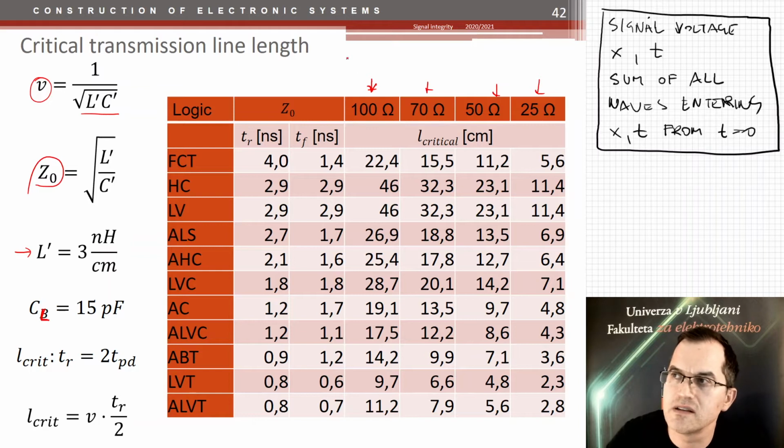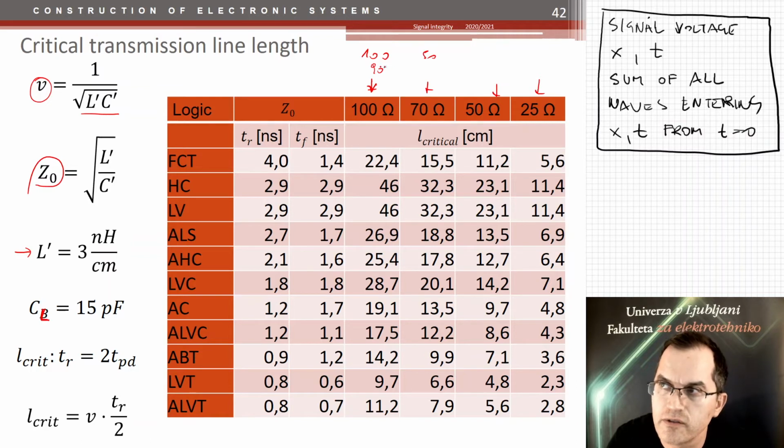But for certain standard communication lines, these impedances are well fixed. So I'm talking about 100 ohms, 90 ohms, or 50 ohms. These are 3 different very standardized impedances.